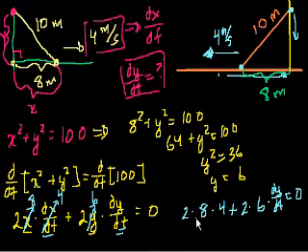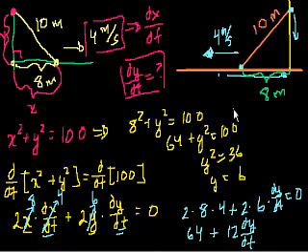So what is this? 2 times 8 is 16, times 4 is 64, right? So 64 plus 12 dy/dt equals 0. Let me erase some stuff. I tend to try to crowd too much into one window, making things confusing.